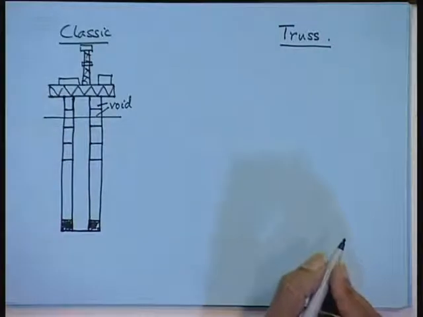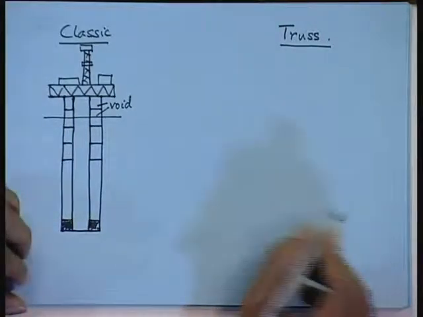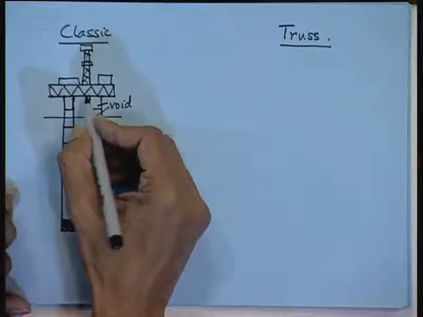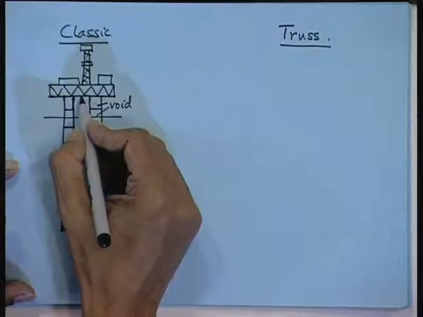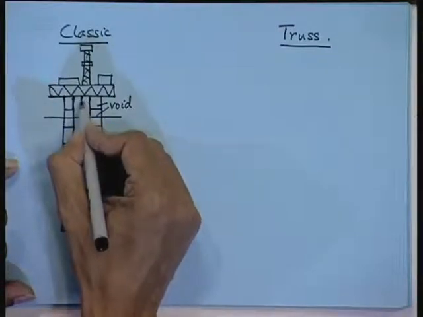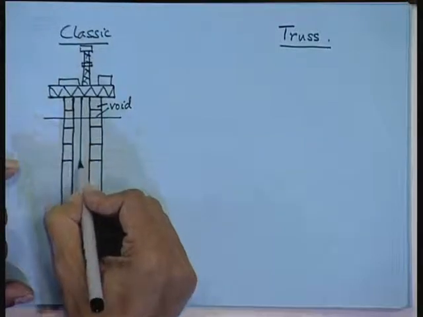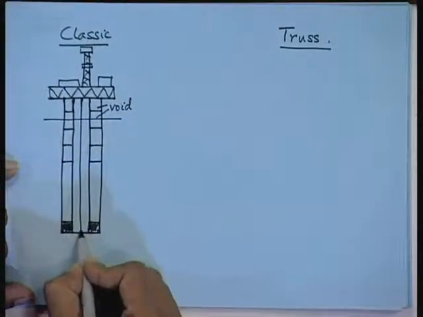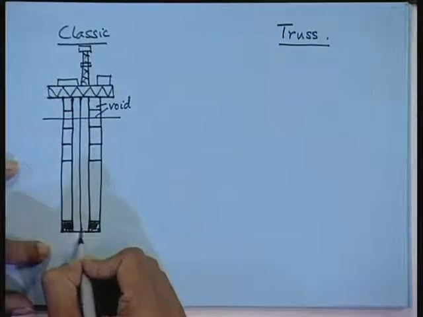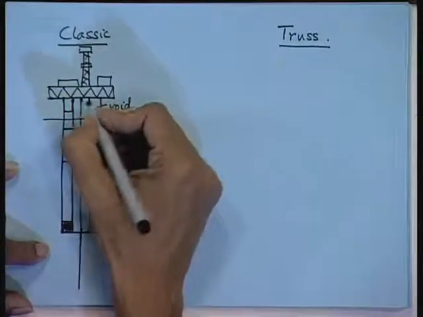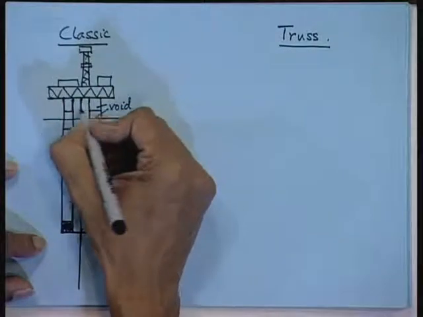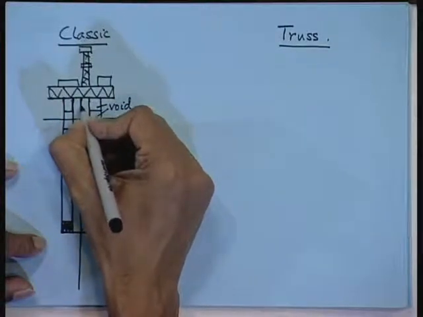Voids. In TLP I told you that a tension leg platform has a lot of void spaces because of the buoyancy. Now, here you suspend your marine riser. So, this is the center well. The marine riser in some of the spars is mostly kept under tension by buoyancy tanks.